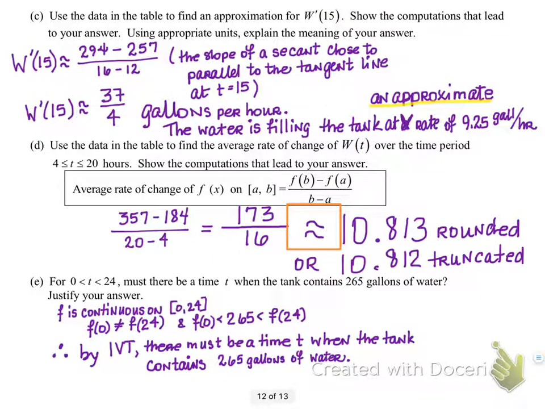And the y value that we are looking for is between the two endpoints. Therefore, we can now state that by IVT, there must be a time t when the tank contains 265 gallons of water. All of that is about as succinct as you can get with your answer. So you need all of that information there.